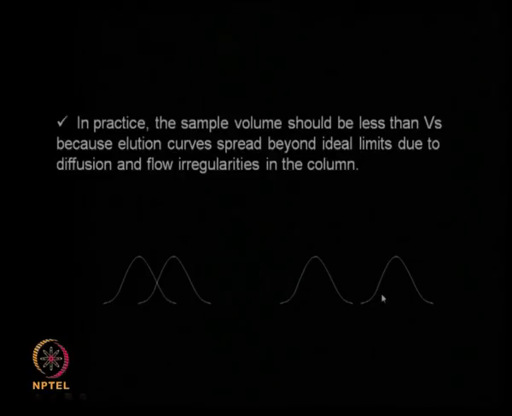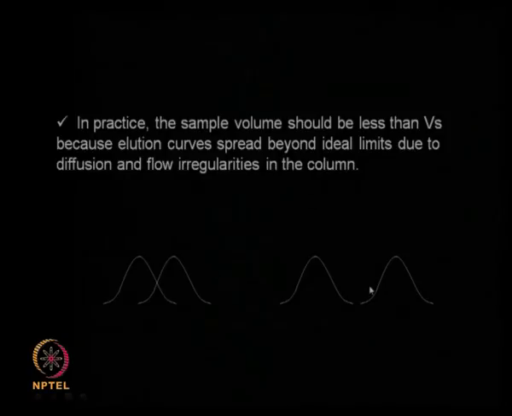So we need to consider the elution volume for component 1 and for component 2, and if they are vastly different then we can achieve good separation, but you need to consider the heterogeneities of column packing, flow irregularities, diffusion and so on. All these factors make your system non-ideal, and you may end up with an overlap of these 2 components, whereas you would like to achieve it like this.